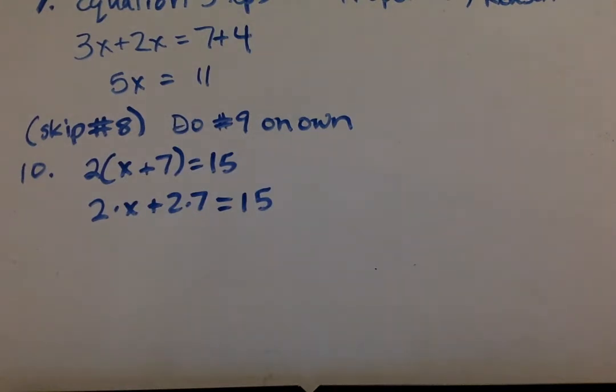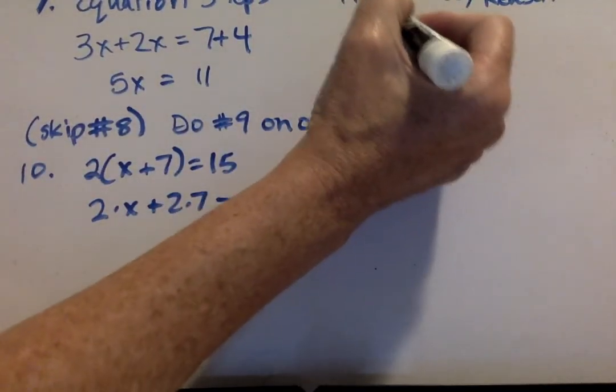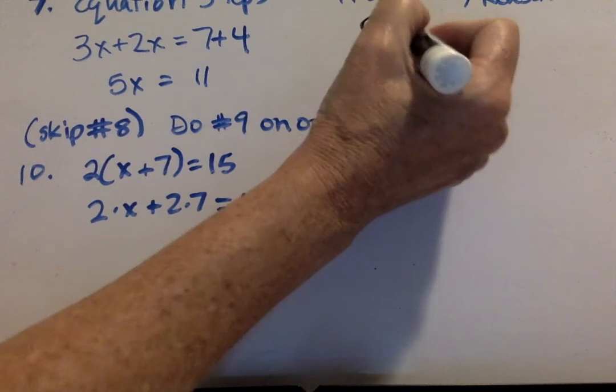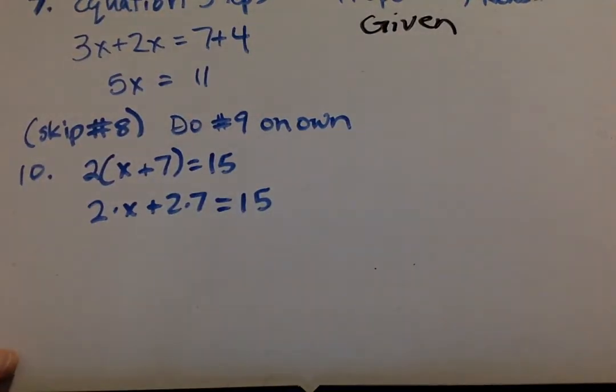Okay, circle the change in both equations. Identify the property demonstrated. Okay, so here's our equation. What do we write first? Given. Always the first thing is given. That's what we're given, is an equation.